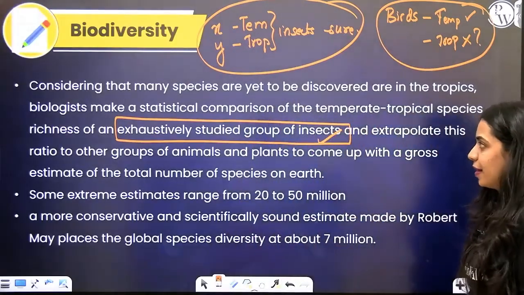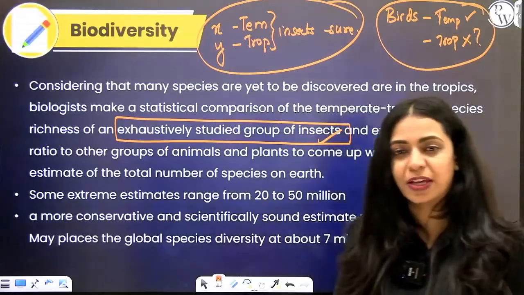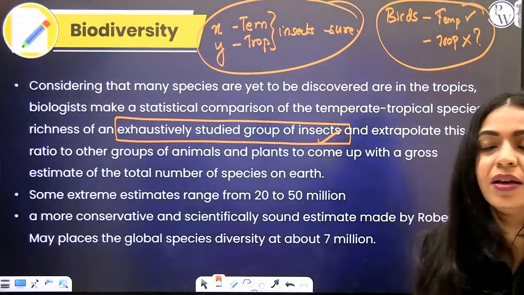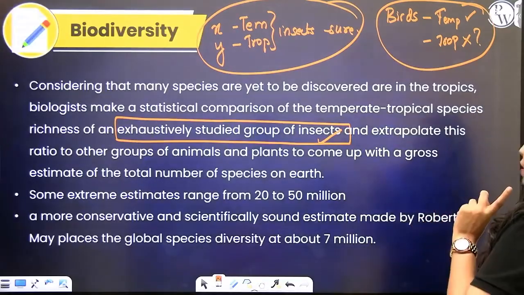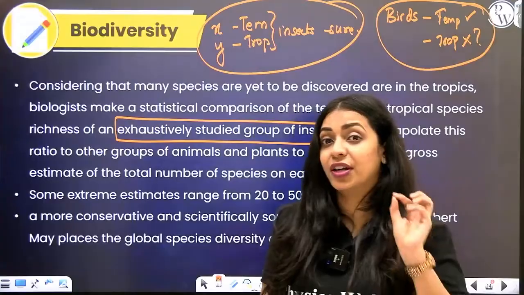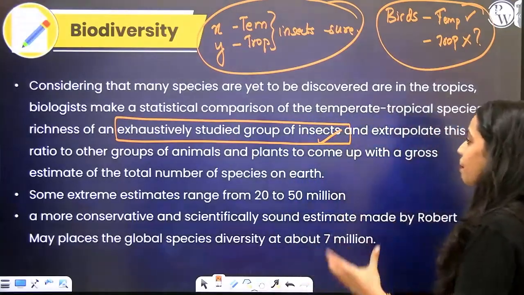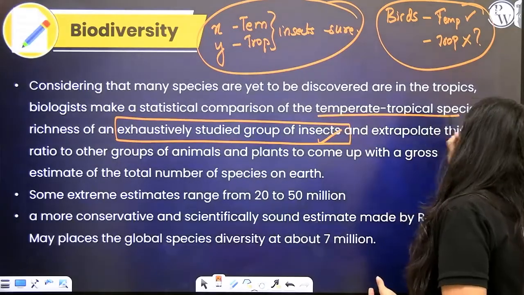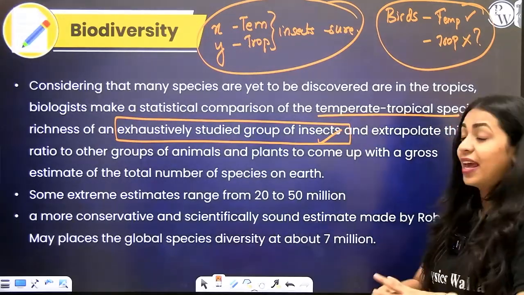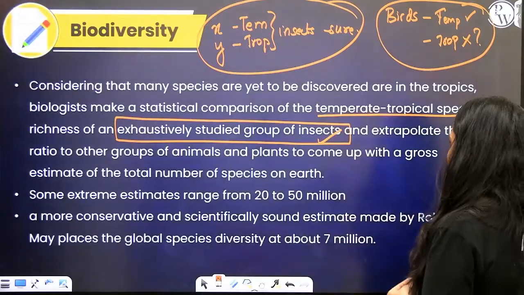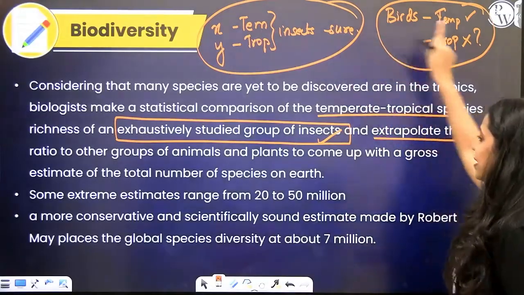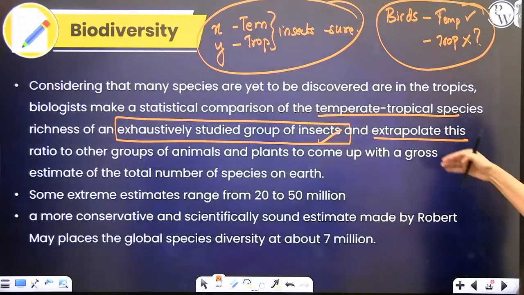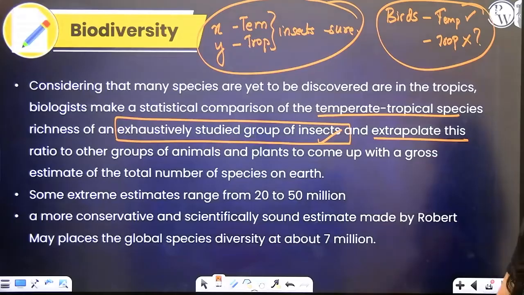That's what is given in NCERT. Considering that many species are yet to be discovered in the tropical countries, biologists or ecologists make a statistical comparison of the temperate tropical species richness of an exhaustively studied group of insects and extrapolate this ratio to other groups of mammals and plants to come up with a gross estimate of the total number of species on Earth.